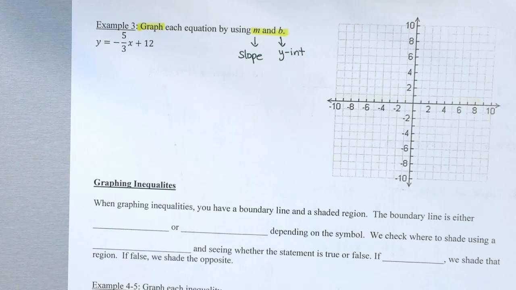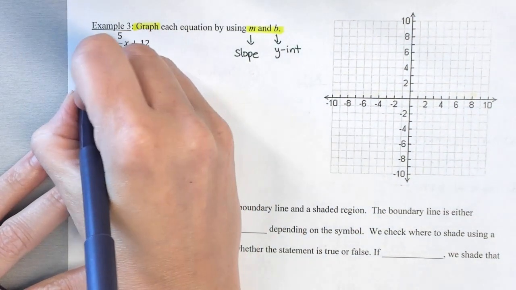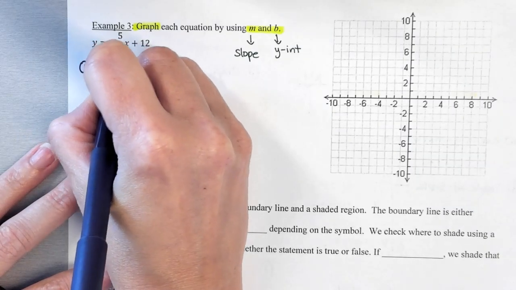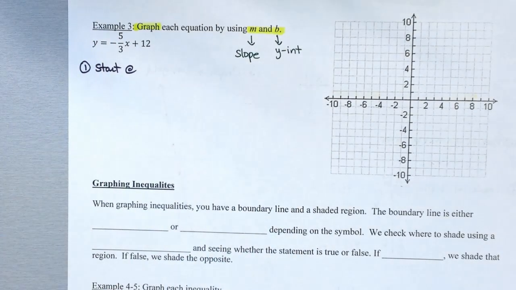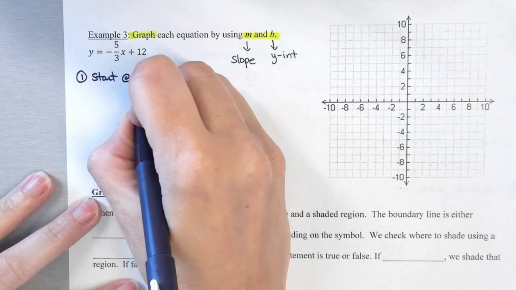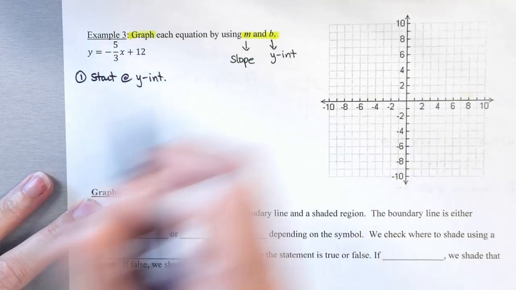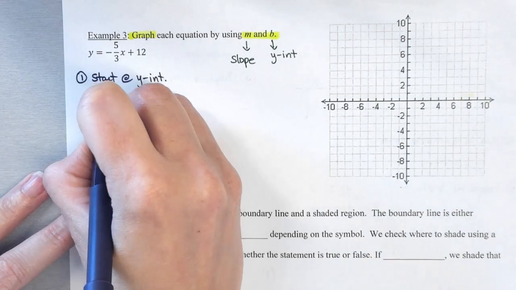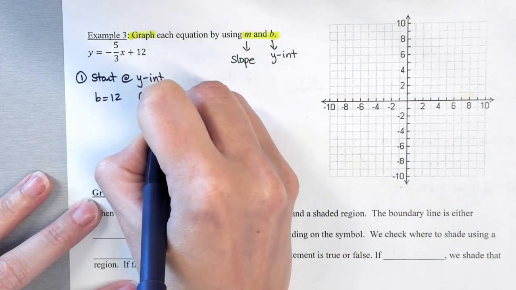If you have it in this form. Yeah, start at the y-intercept, okay? And not 0, 0. So the only time you would start at 0, 0 is if that was the y-intercept. So your y-intercept is your b value. So if b equals 12, you're going to start at 0, 12.